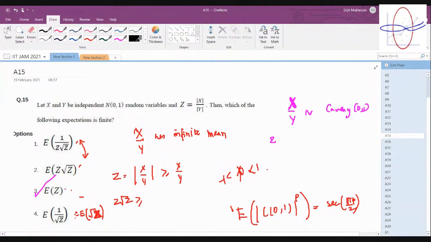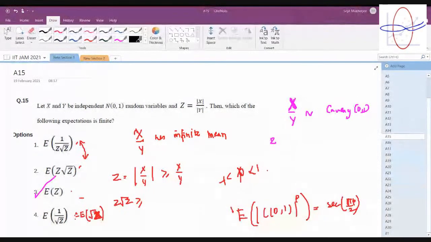The next one: let's try to understand the exchangeability property of the random variables over here. What is the exchangeability property? Since X and Y are independent standard normal, Y by X is also independent standard normal.